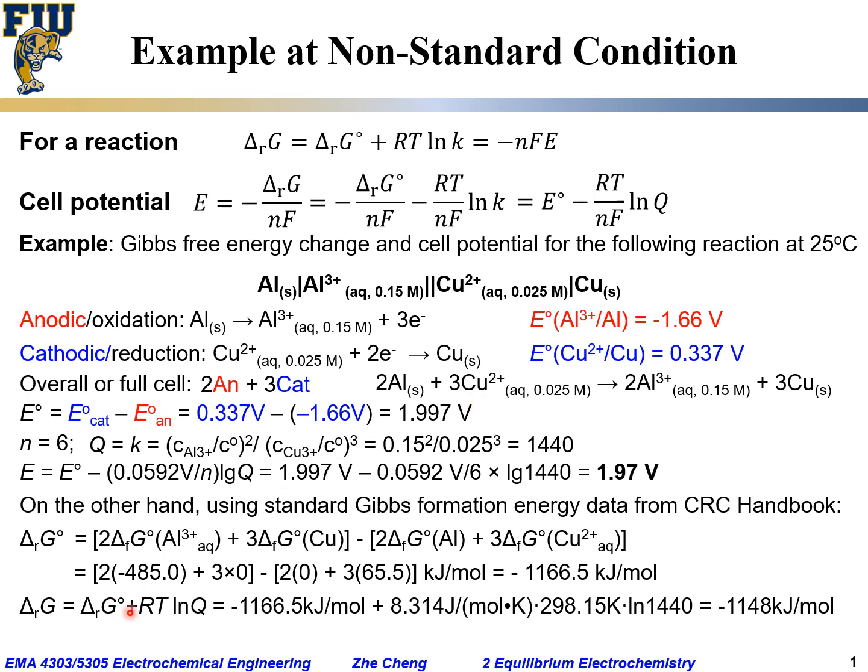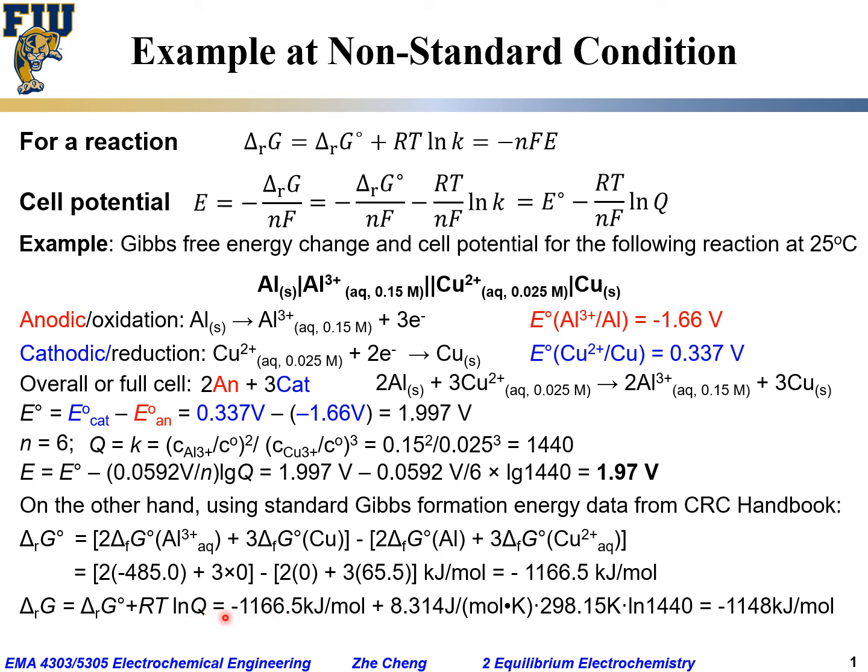Okay, so once we have the ΔrG0, the standard Gibbs free energy change for the reaction under standard state, then we'll be able to calculate ΔrG, which is ΔrG0, the standard reaction Gibbs free energy change, plus the RT ln Q or ln K term.